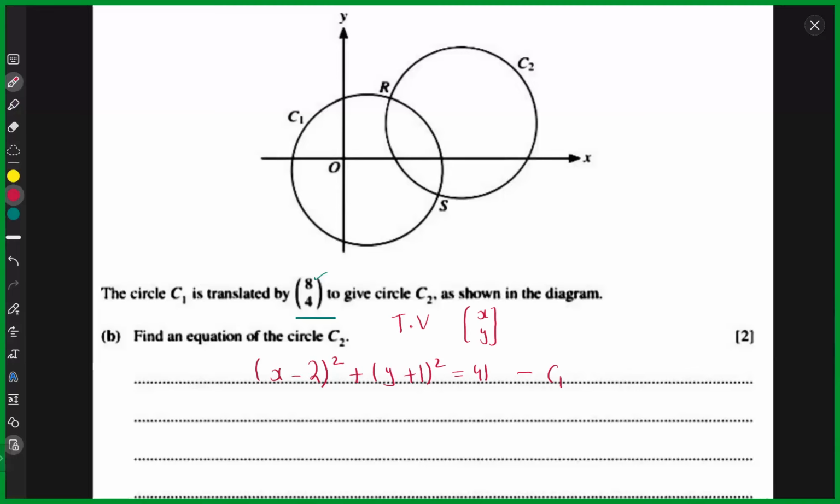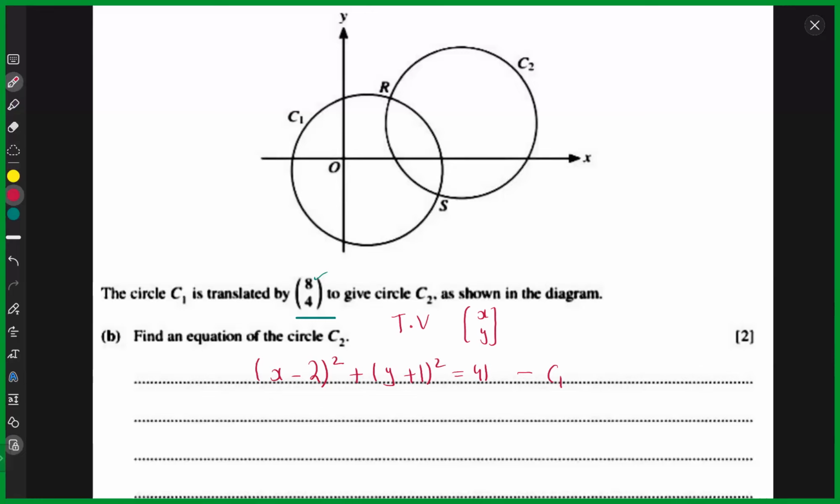I think I've done a similar question in edX. So if it is translated, for x, we still have our midpoint coordinates 2 and minus 1, and we simply add them to the translation vectors to find the center of C2, which becomes 8 plus 2, so 10.